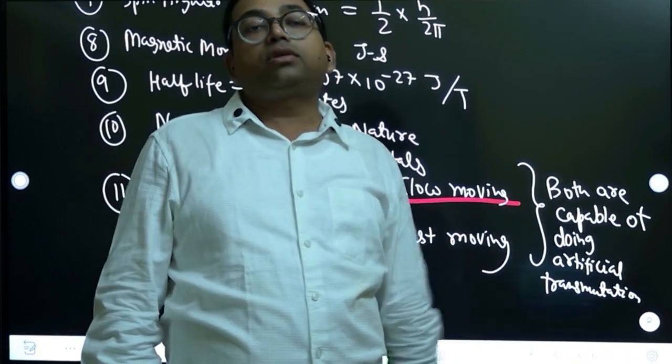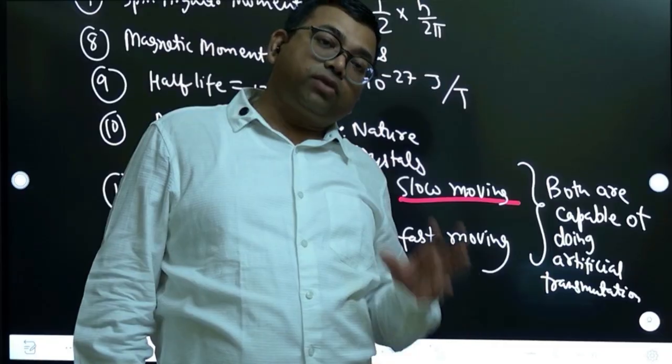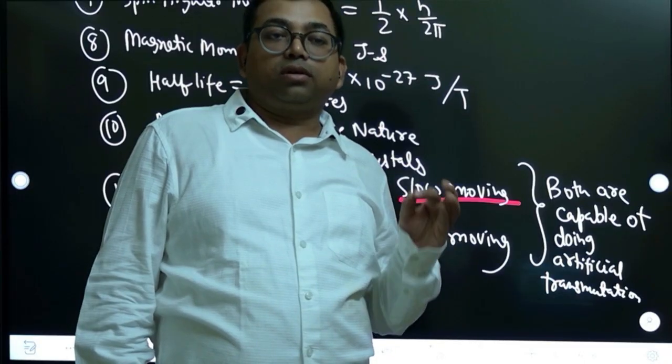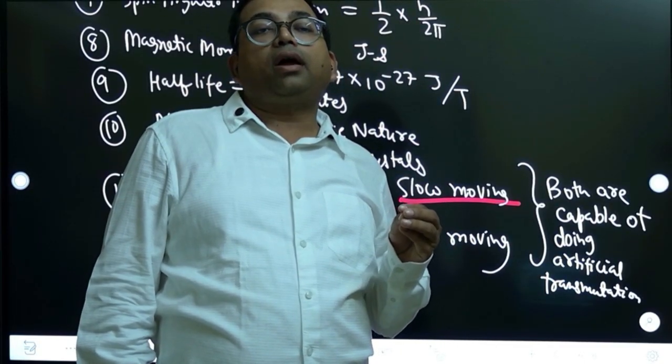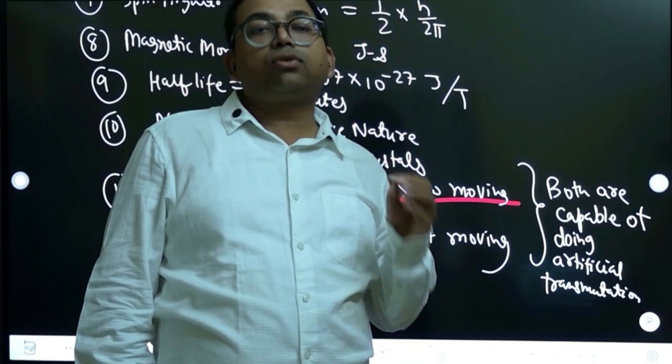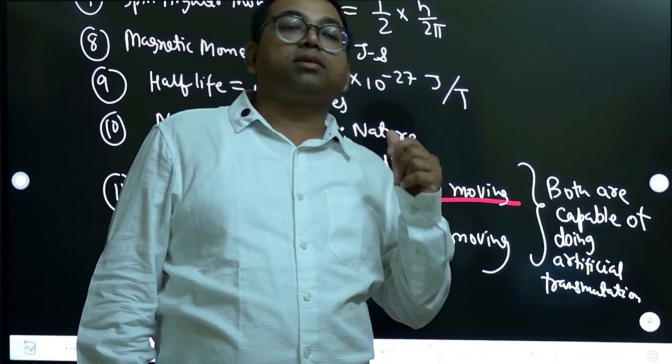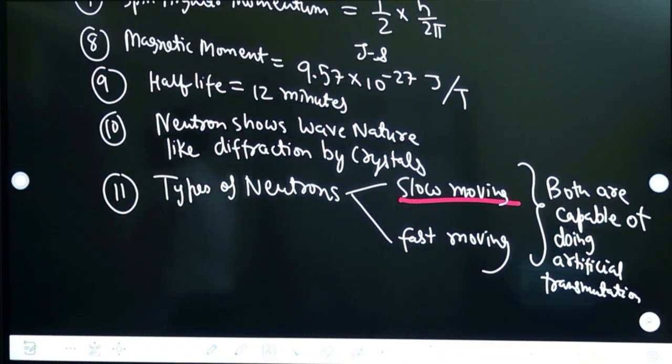That's why in nuclear fission reactions the uranium nucleus is bombarded with neutrons, and some of these are slow moving neutrons which will remain inside the nucleus and create instability.